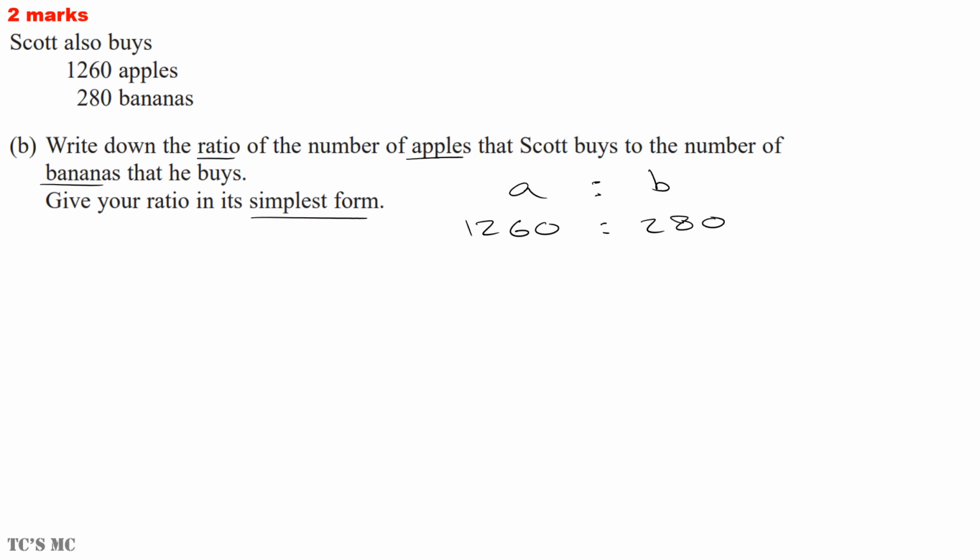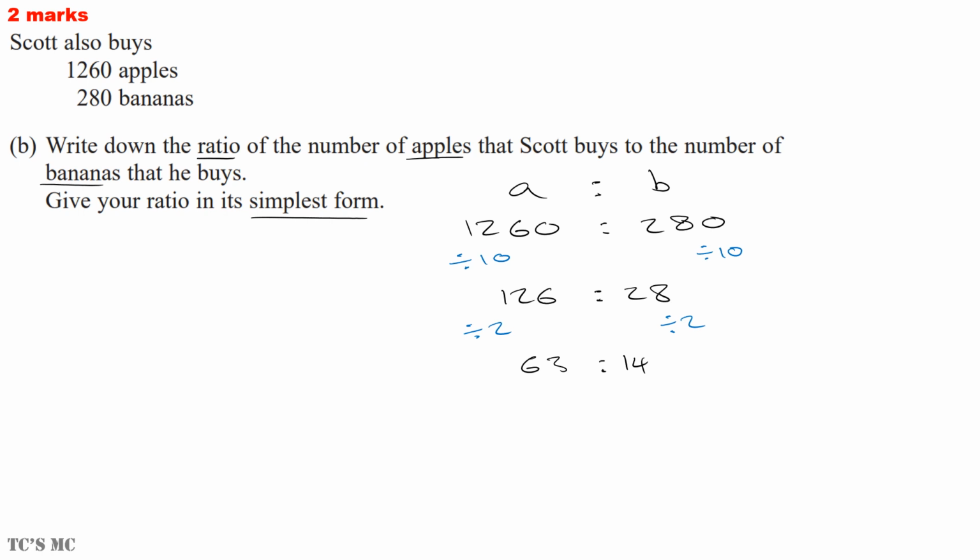Both numbers end in 0, so we can divide both of them by 10. We now have 126 to 28. This would get us 1 mark. Both of these numbers are even numbers, so we can divide by 2. We now have 63 to 14.